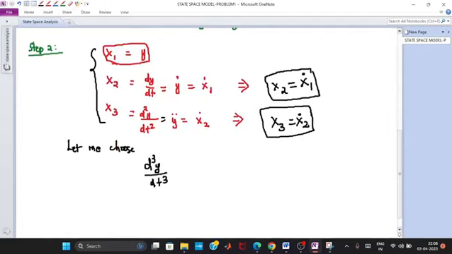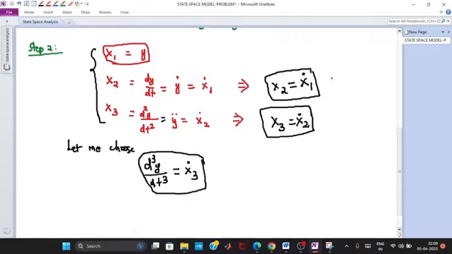Here x3 equal to d square y by dt square, which I am assigning as x2 dash. Similarly, d cube y by dt cube is the derivative of which one? x3. So I can assign d cube y divided by dt cube as x3 dash. This is what we are going to choose, right?